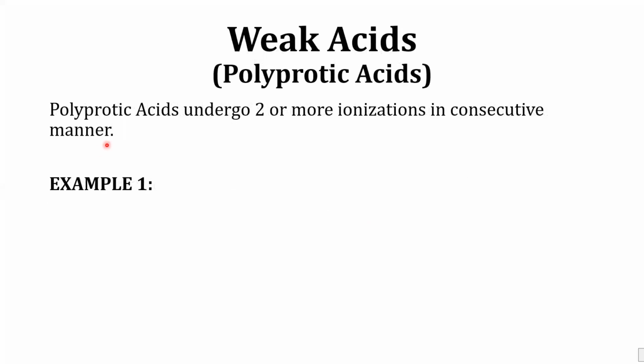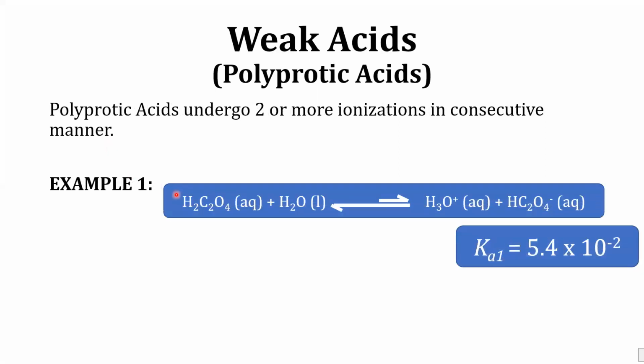Polyprotic acids undergo two or more ionizations in consecutive manner. Example 1 is H2C2O4, or oxalic acid. In the first ionization process, aqueous H2C2O4 in liquid water ionizes partially to produce hydronium and HC2O4 minus, or hydrogen oxalate ion.